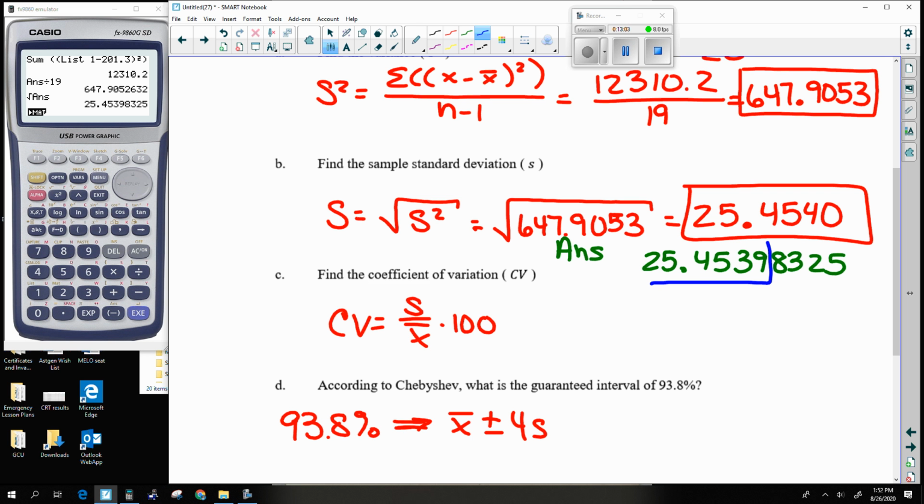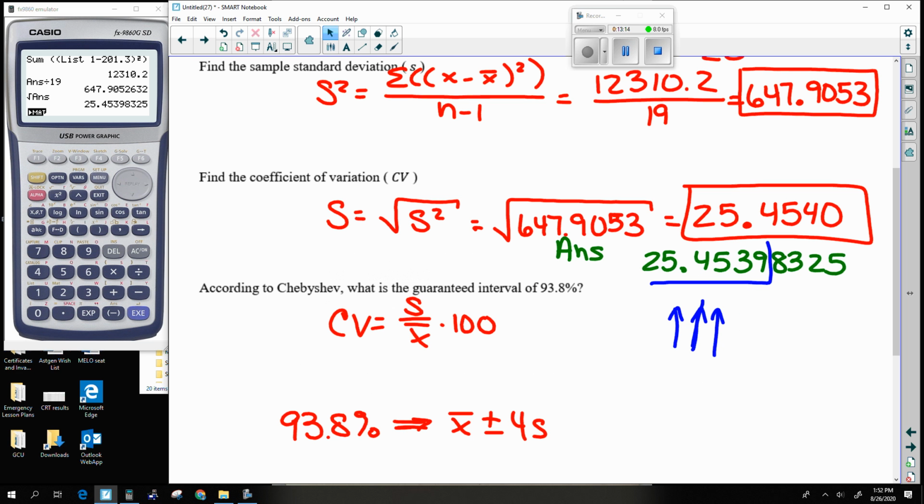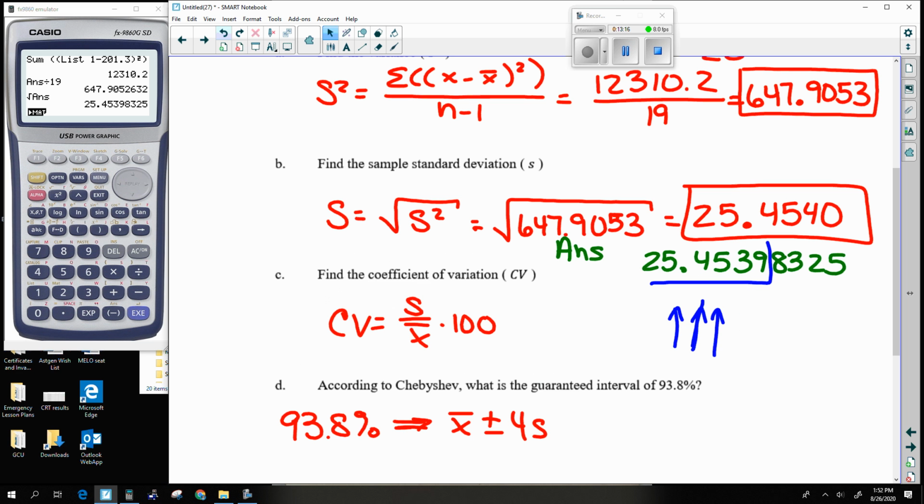So typically, untouchable numbers are these 4s, 5s, and 3s. Don't mess with those numbers. But when I try to round in this case, I look at the number beyond my fourth decimal, which is 8.